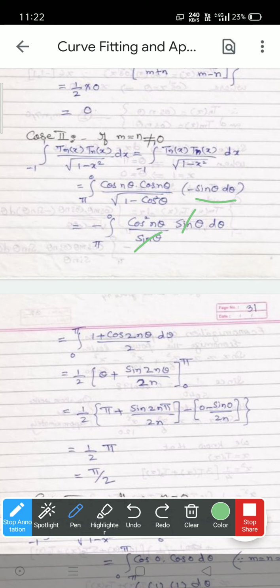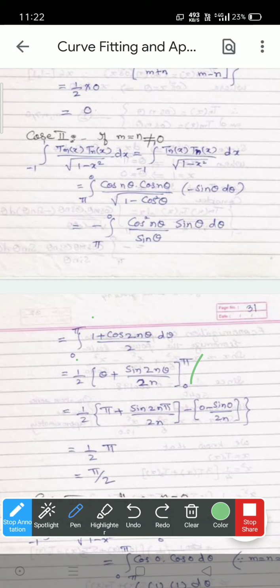But the cos square n theta formula is (1 plus cos of 2n theta) divided by 2 d theta. So this is 1 by 2. Integration of 1 is theta, and integration of cos of 2n theta is sine 2n theta divided by 2n. And this is from 0 to pi.